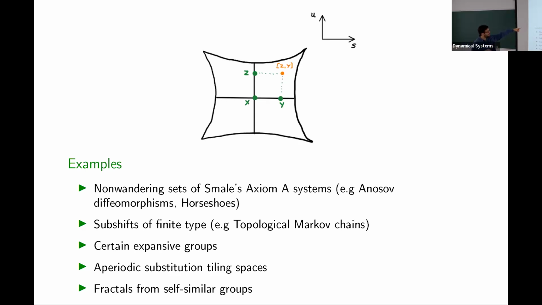Now, if you apply the dynamics, this rectangular shape, the positive dynamics, like positive time, this will get squeezed and expanded, okay? And if you apply the inverse dynamics, the opposite thing will happen. Another thing to note is that these directions do not need to be one-dimensional.